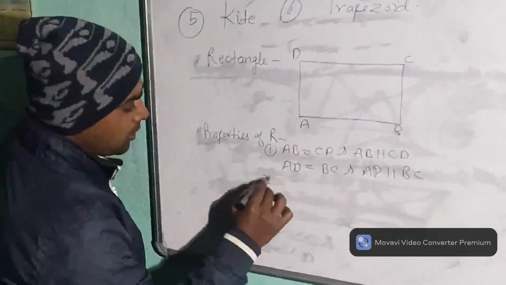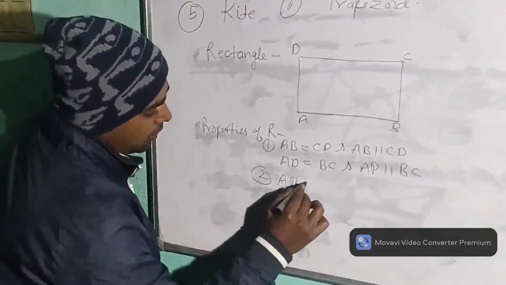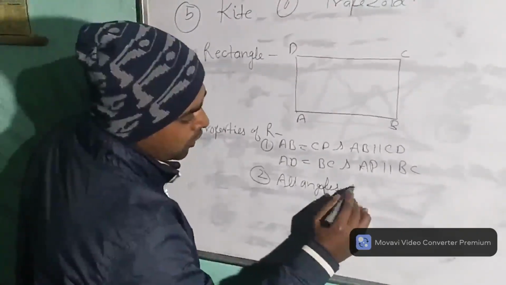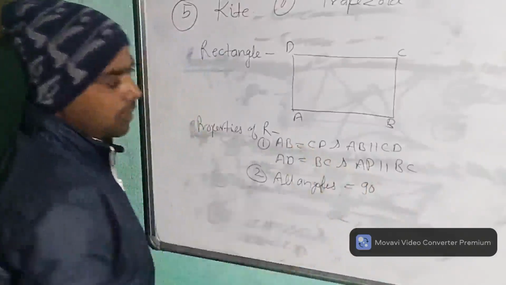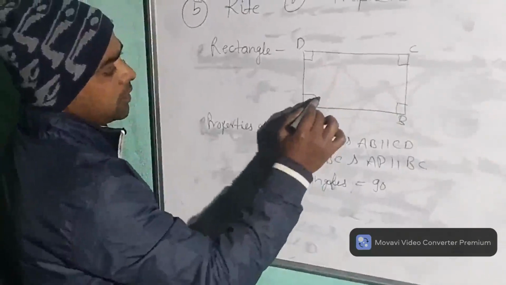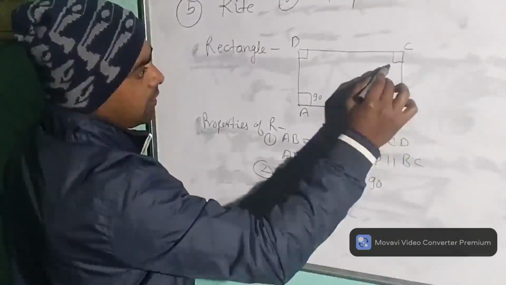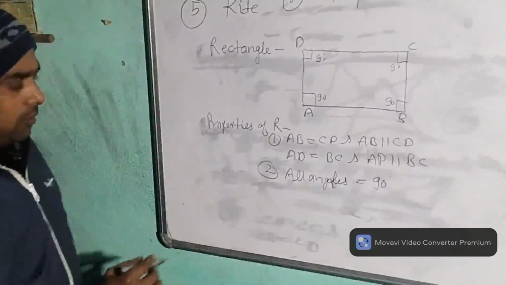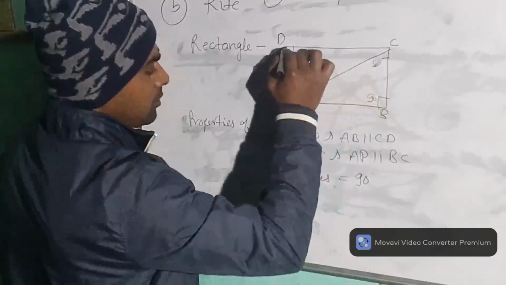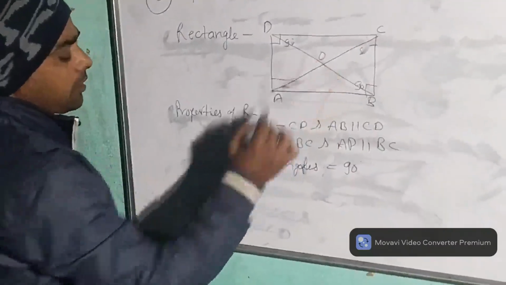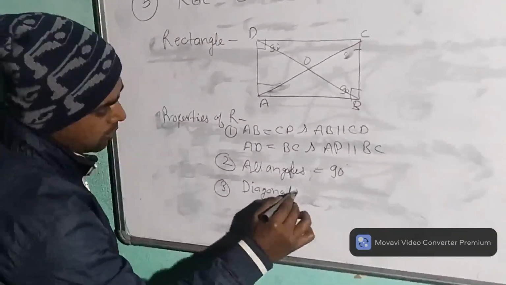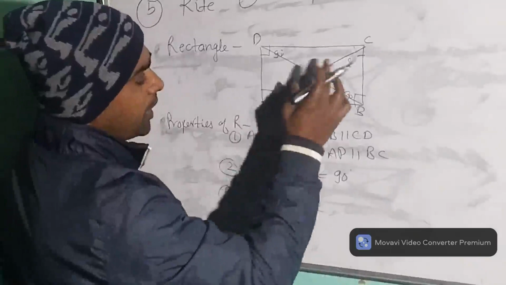And second one, all angles are equal to 90 degrees. All angles of this rectangle are 90 degrees. This one 90, this one 90, 90 and 90. Third one, diagonals bisect each other.